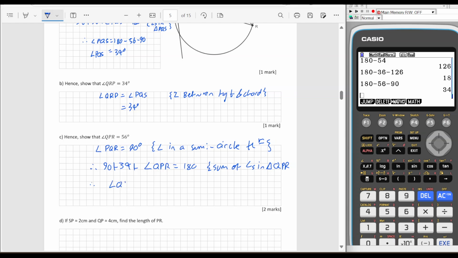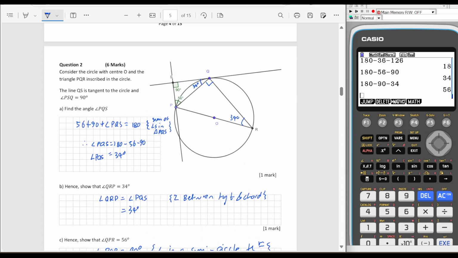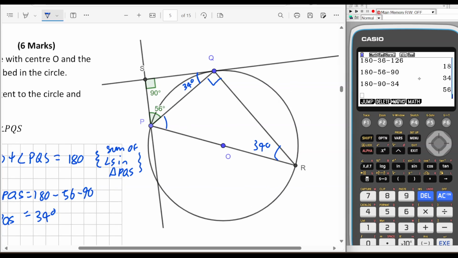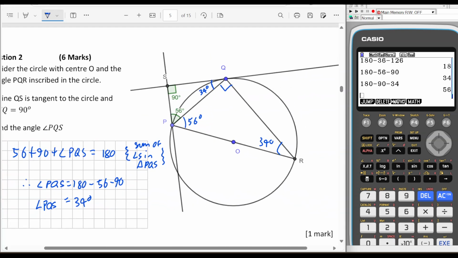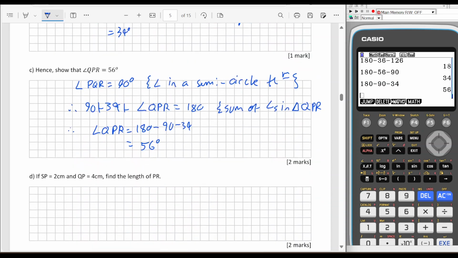Therefore, the angle QPR would be 180 take 90 take 34, which is 56. All right, beautiful. So I'll just label that on there. Really importantly, 56. Now it's actually true that these two angles here, the 56 up the top there and the 56 we just found, they always match. And that's something you can try and prove in general for this question.